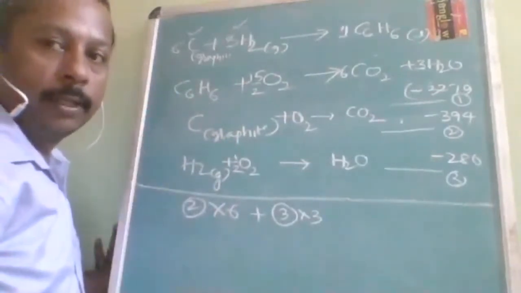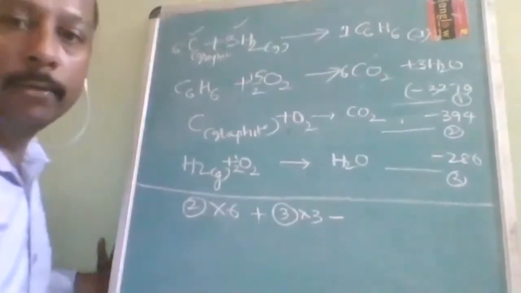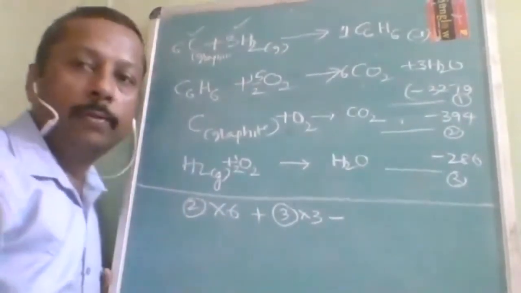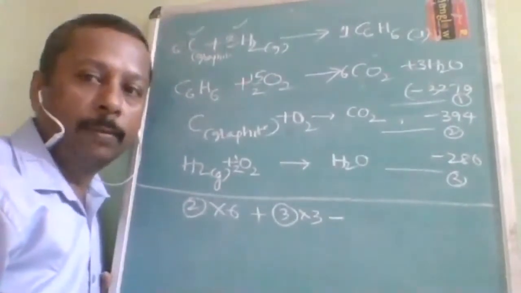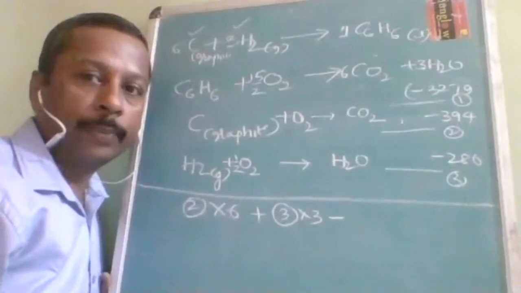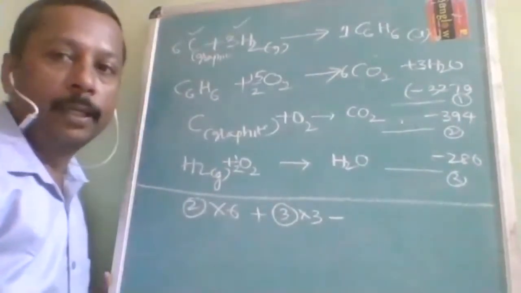Understood? For that, you multiply with minus. Whenever you want right to be left or left to be right, when you want something on the left to be managed on the right side, or right on the left side, you simply multiply with the minus sign.